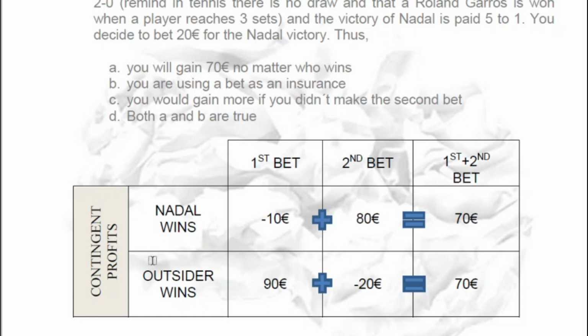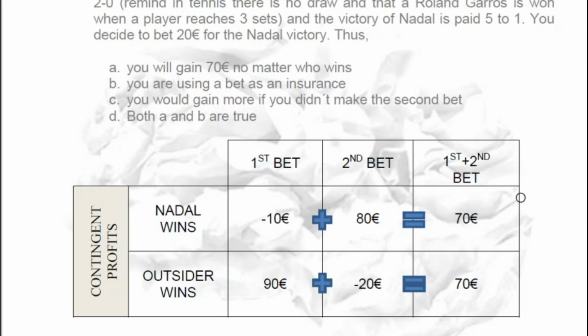Then, what about if Nadal loses, if the outsider wins? From the first bet, I would win 90 euros, and from the second bet, I would lose my 20 euros. So, at the end, I would win 70 euros, okay?